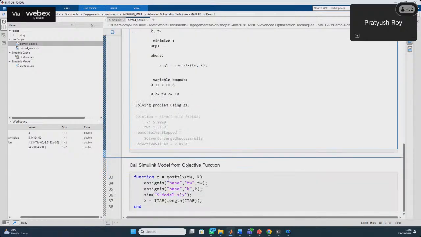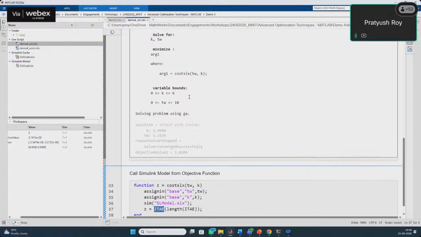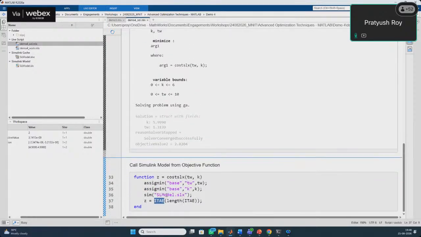So this cost SLX function is defined at the bottom. If you had noticed in the model, there is this ITAE metric, the integral absolute error metric, which looks at how close we are to the most optimal solution.